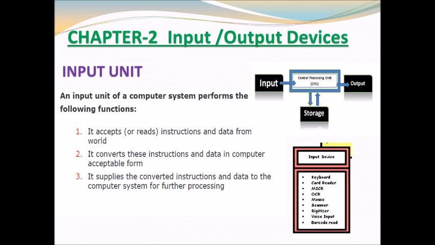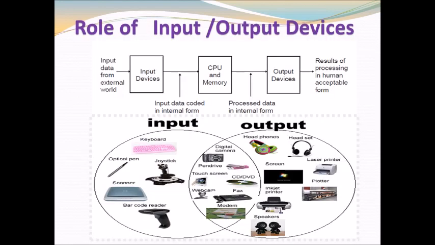So what is the role of input output devices, that we will discuss now. Here you can see in the diagram that input devices take input from a device in the form of raw data, and then provide that data in a coded form to the CPU, that is central processing unit, and the required input is stored in the memory.